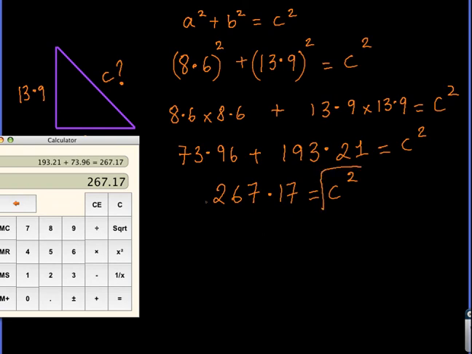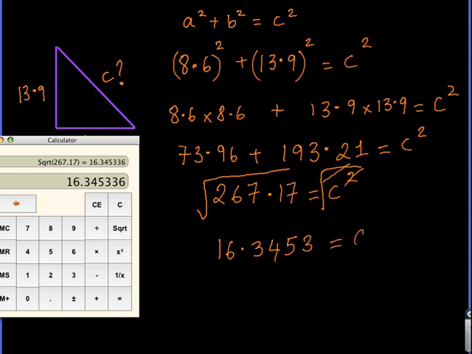So take the square root here and take the square root there. That's going to cancel out the squared here. And on that side, I'm going to take my calculator and I'm going to do square root of 267.17. So take that button here, square root of 267.17, and it gives me 16.3453 is equal to C.